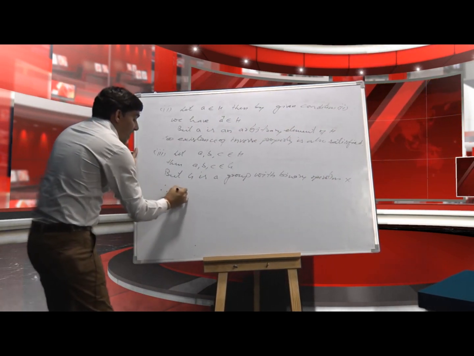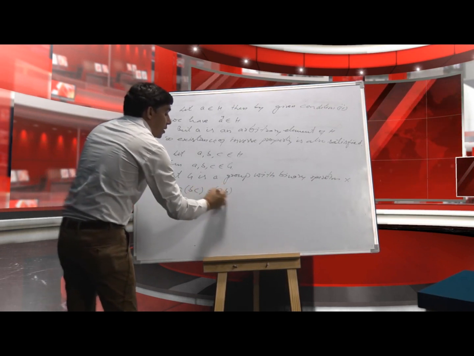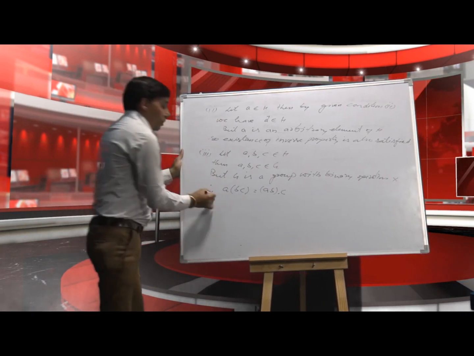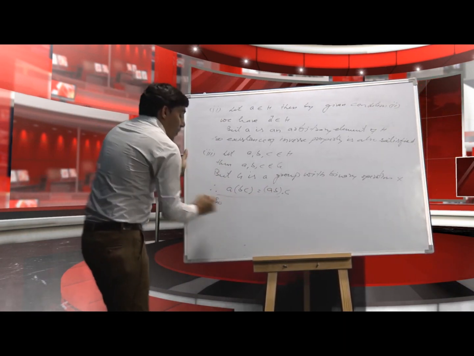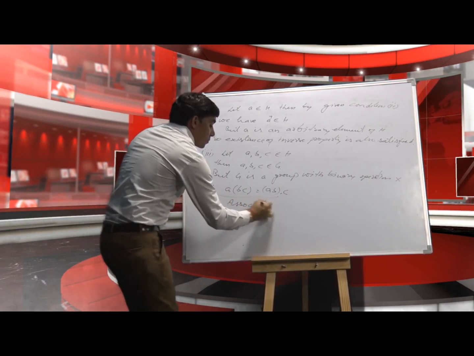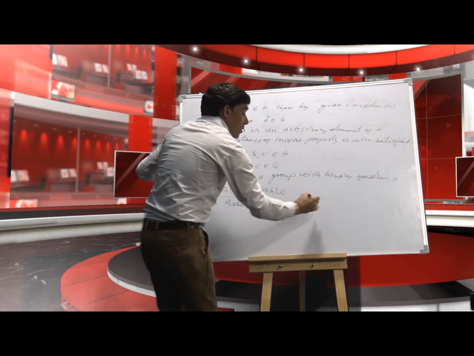Therefore a into b into c is equal to a into b into c. So the associative property is satisfied.